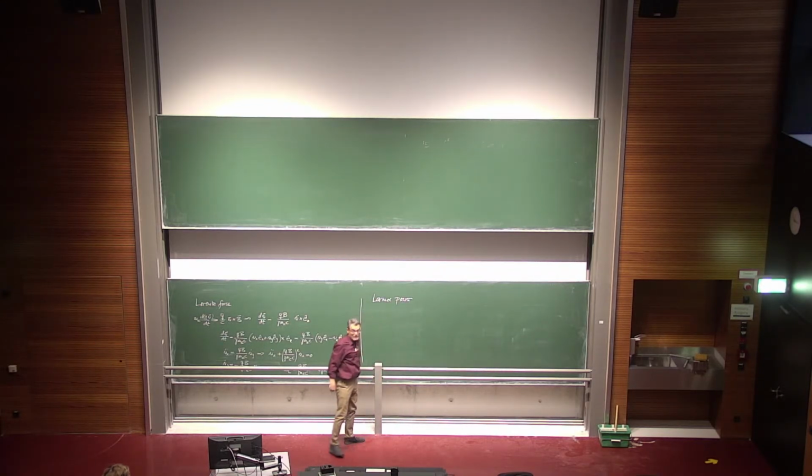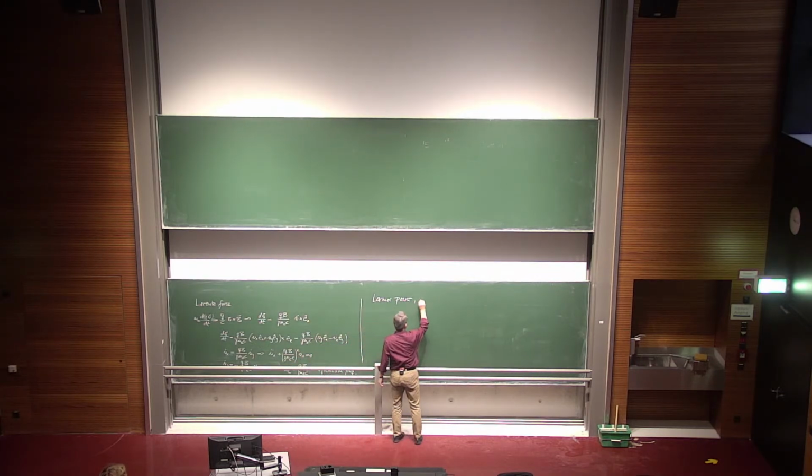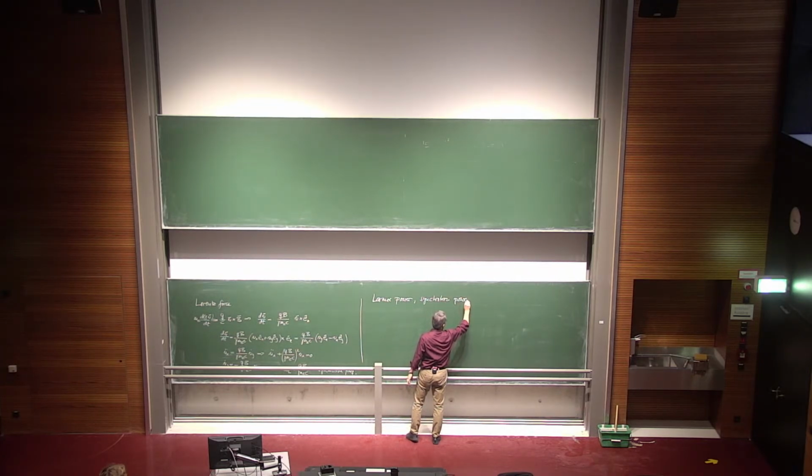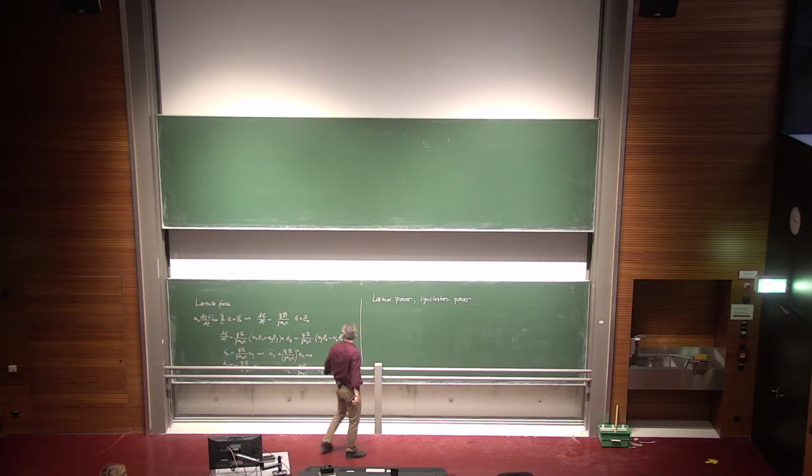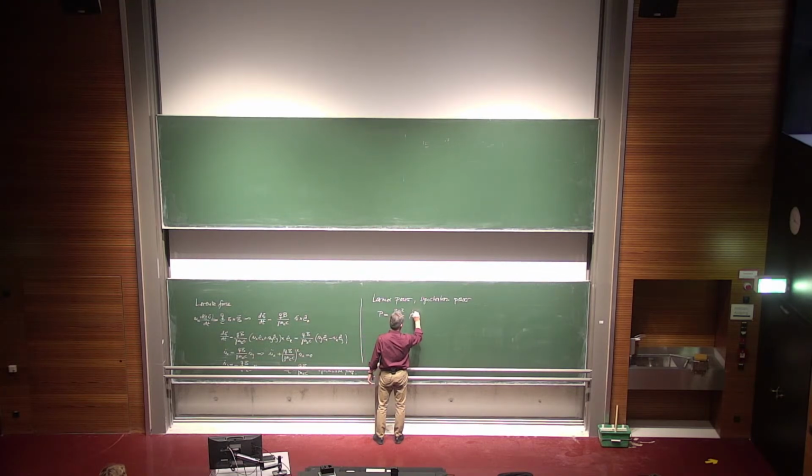So that's the Larmor power in this case, or the synchrotron power for our specialization. Synchrotron power. Okay, what do we need? We need a total expression for the Larmor power.